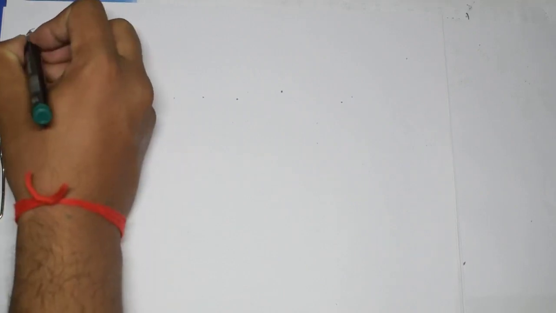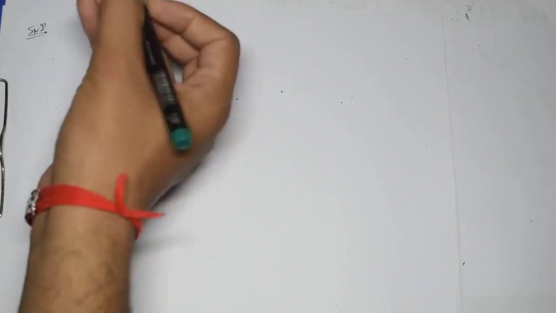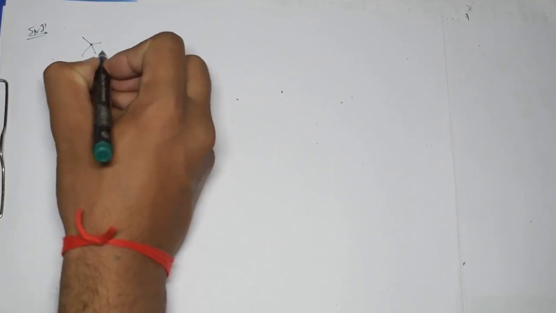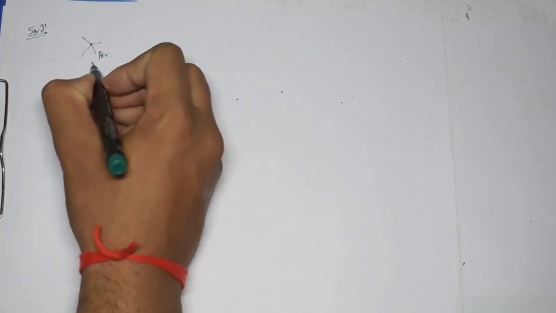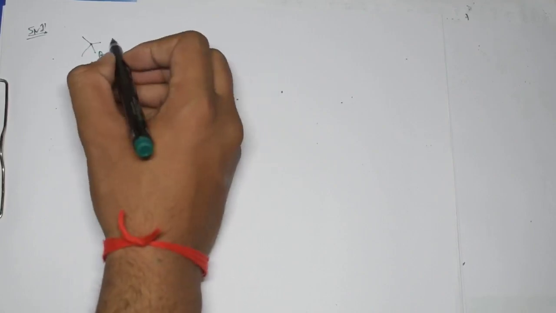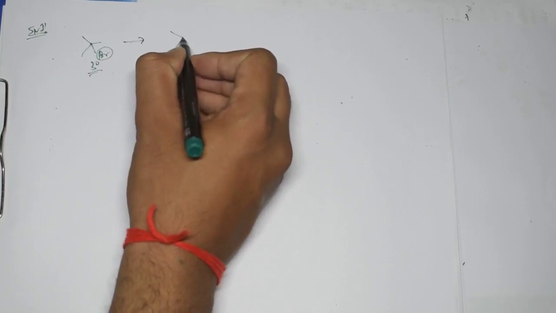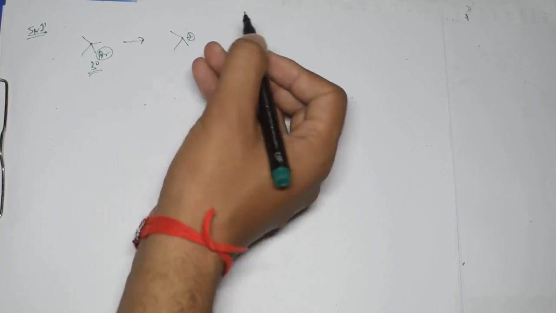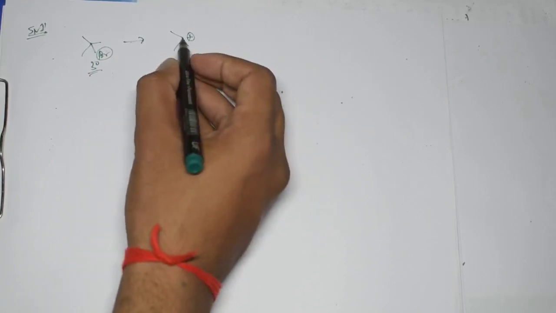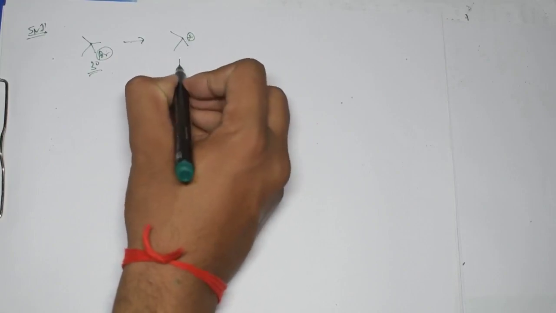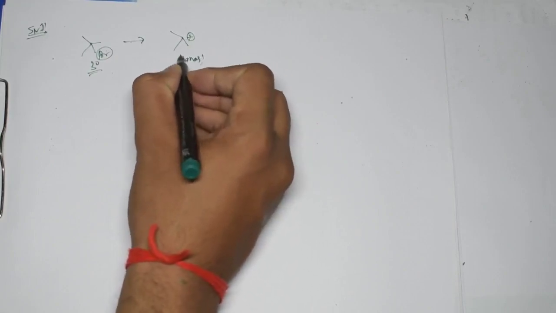Now, we were talking about the SN1 reaction. In case of SN1 reaction, what I told you is that we have a 3 degree leaving group substituted compound. So generally the formation of carbocation takes place. This carbocation is actually a planar one.